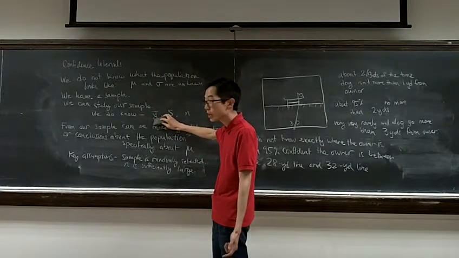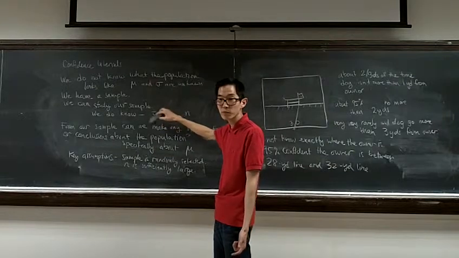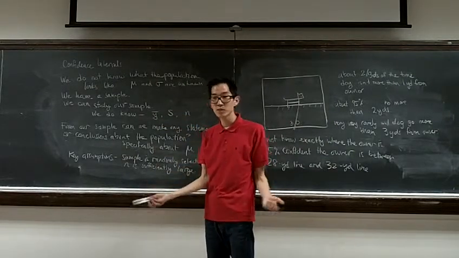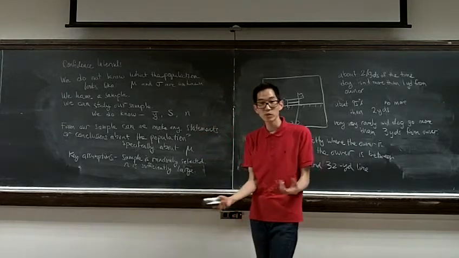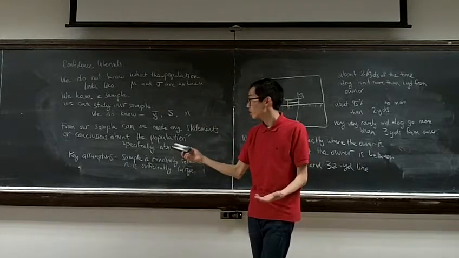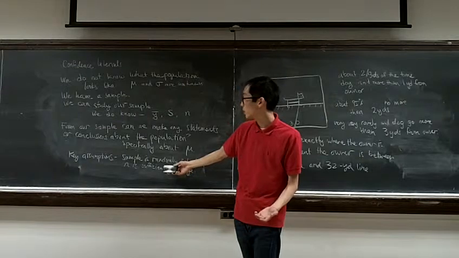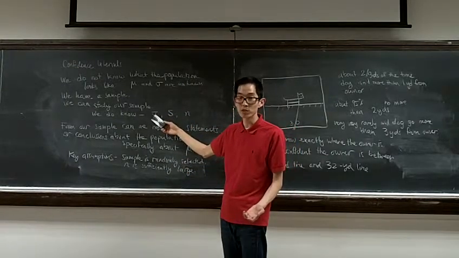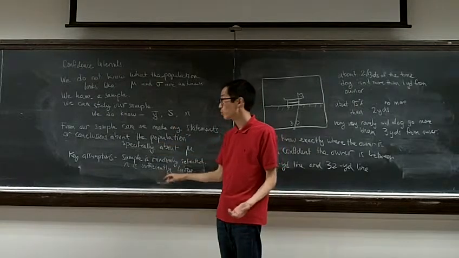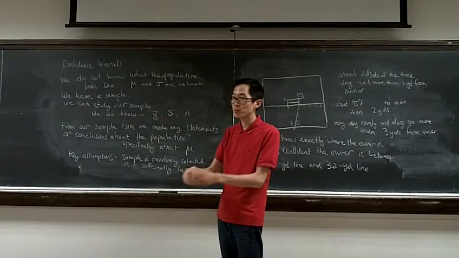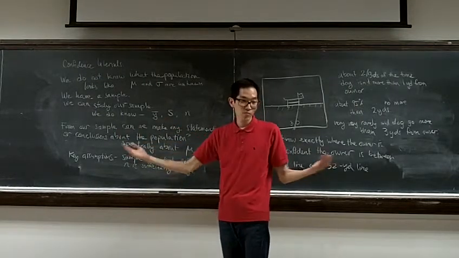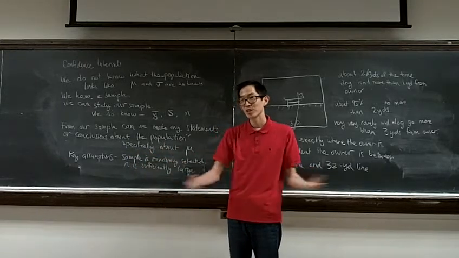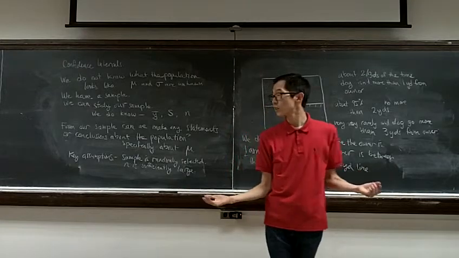We can see y bar, we can see the sample mean, okay? And we just studied the properties of the sample mean, or the sampling distribution, and we know that if these conditions are met, then the sampling distribution follows a normal distribution, which means that 95% of the time y bar is within 2 standard deviations of the mean, okay?